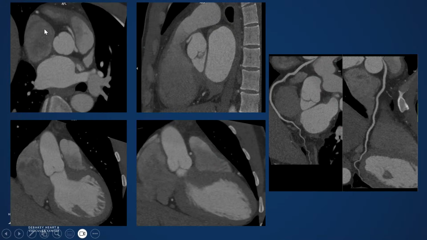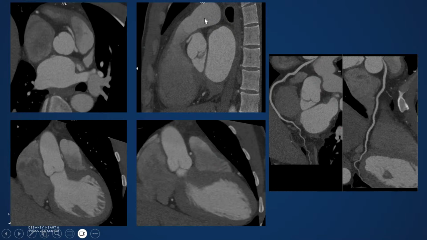Actually, it's to the right for some reason. Oh, it is just right there. Okay.